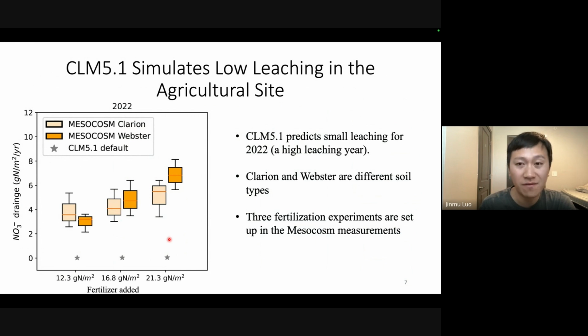As you can see, CLM 5.1 predicts small leaching for 2022, even though 2022 was a high-leaching year. Also, remember that we have matched many things in the CLM with this observation site, like fertilization amount, precipitation, temperature, and soil properties. So it is still surprising to see that CLM predicts such low leaching. There may be something very important in the CLM causing this problem.